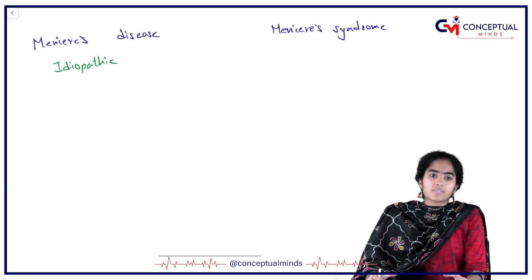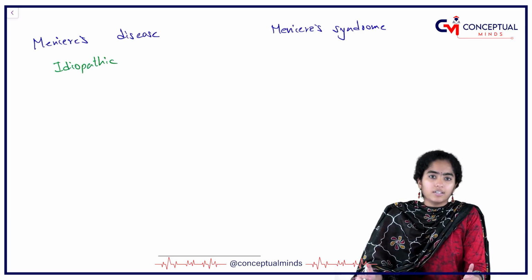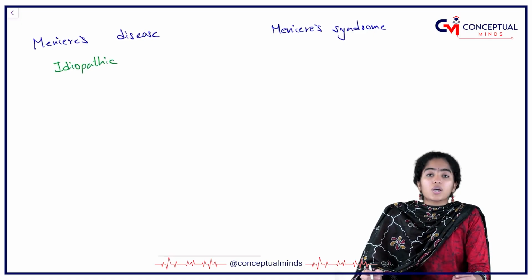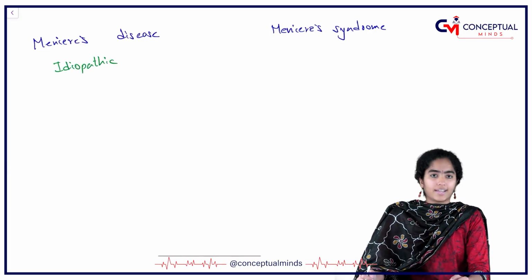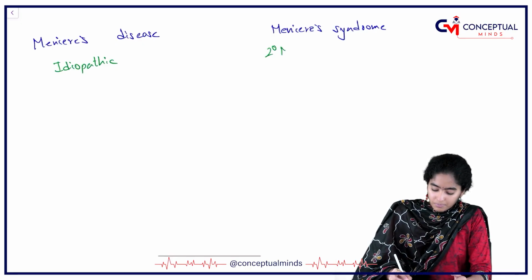But sometimes there will be known causes which are leading to this excess production of endolymph, and then it is called Meniere's syndrome. So, distension of the endolymphatic system is occurring secondary to some cause, and then it is also called secondary Meniere's disease.